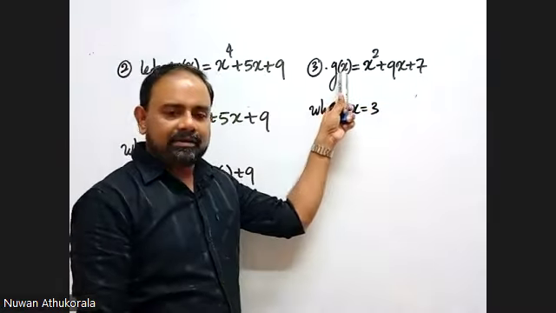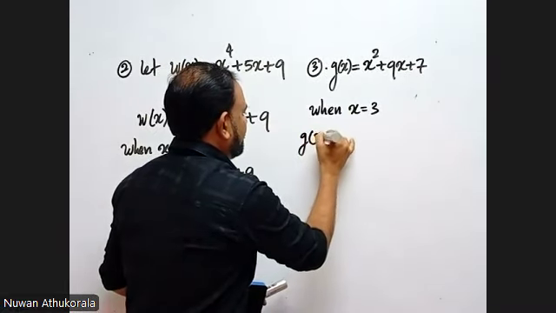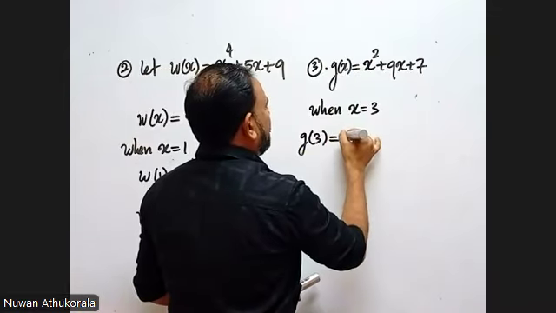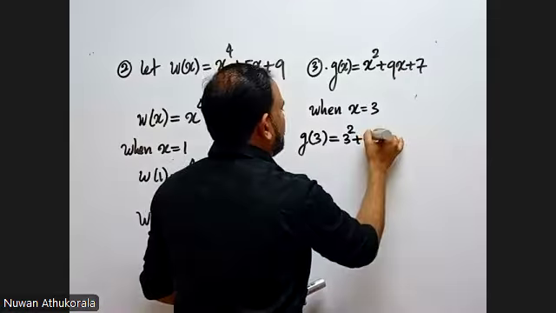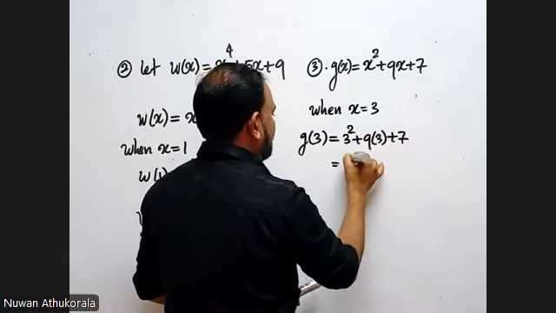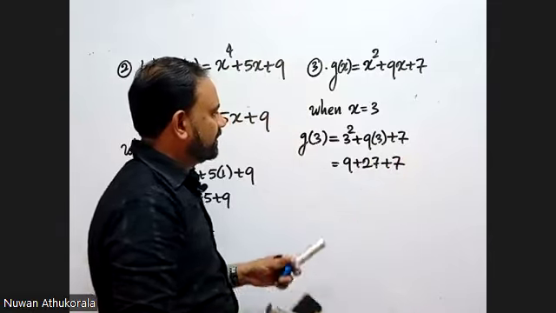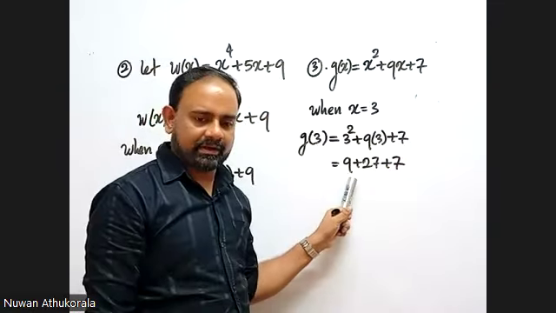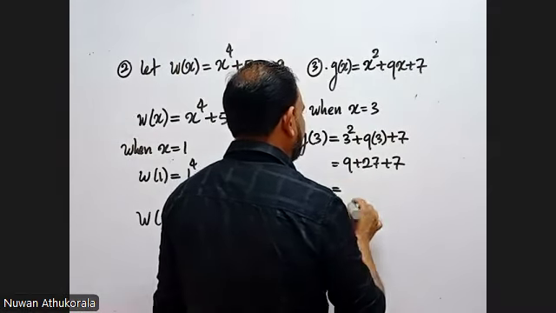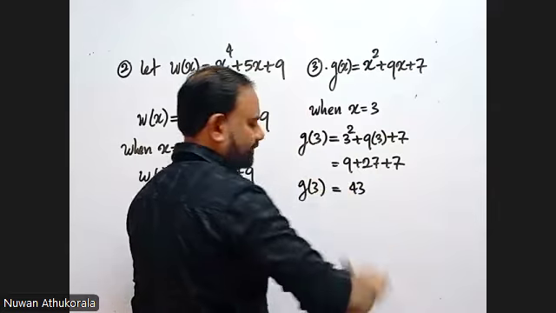Then gx becomes g3. x squared becomes 3 squared, 9 into 3 plus 7, 9 plus 27 plus 7, 27 plus 9 is 36 plus 7, 43, right? g3 equals 43.